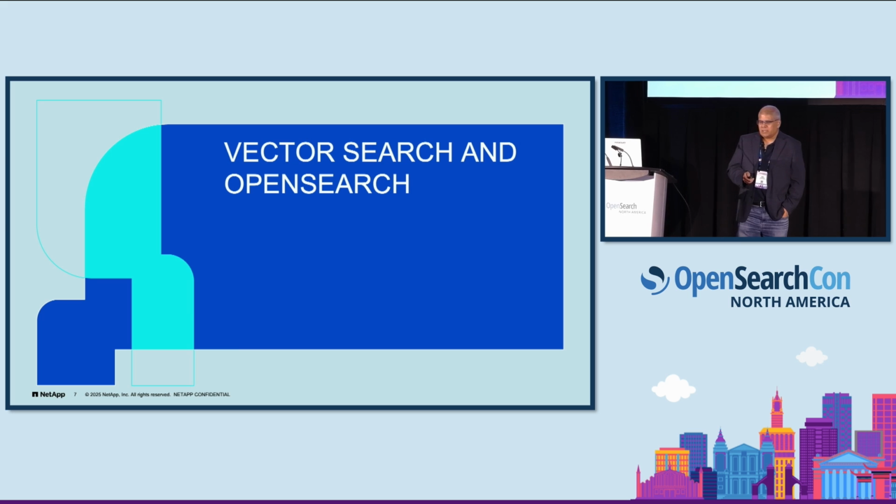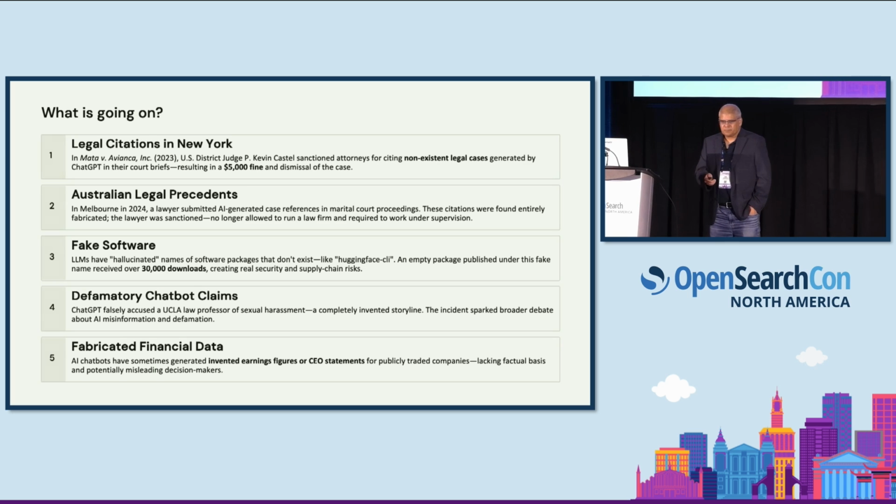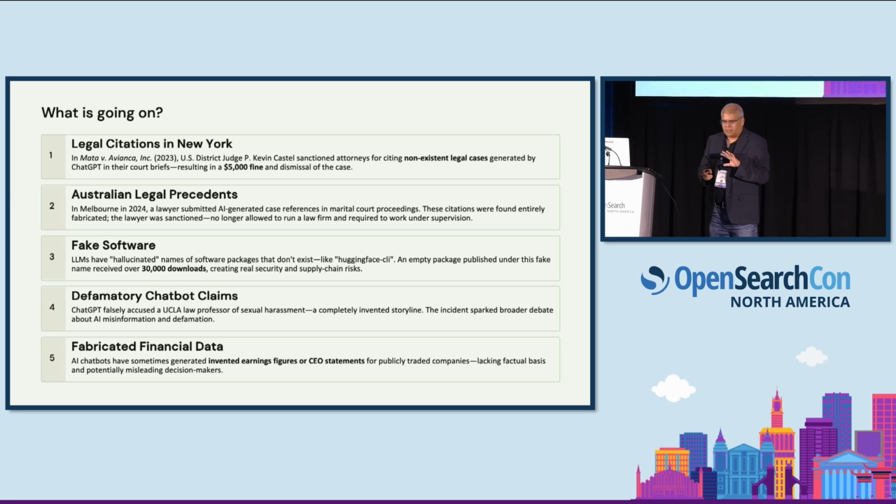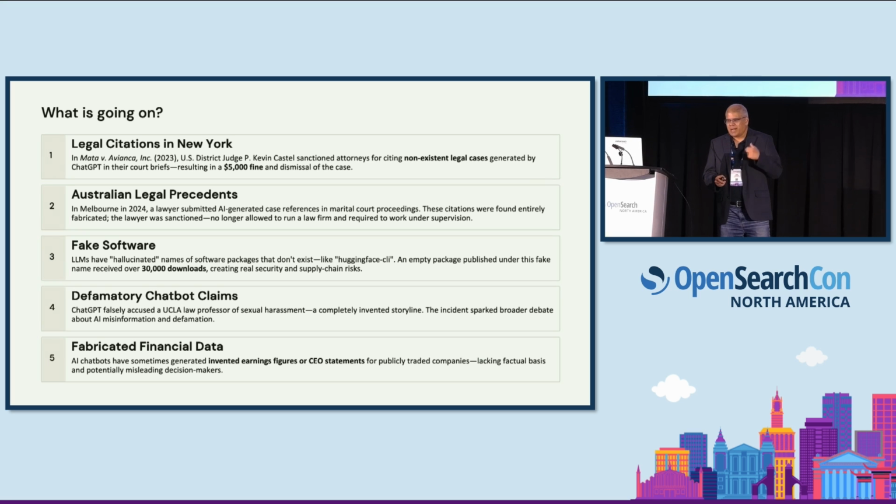Okay, let's talk about vector search and OpenSearch. So these are some of the examples I gathered, which are real life examples. In 2023, in Mata versus Avianca, the judge sanctioned one of the attorneys for citing a non-existing legal case.